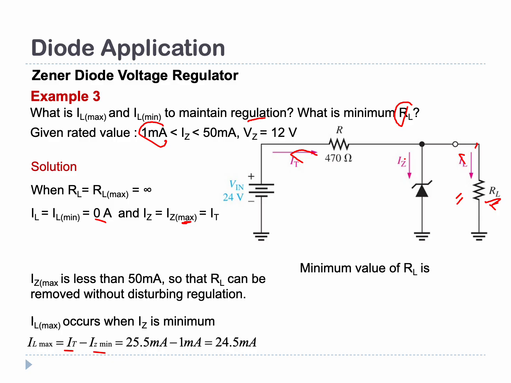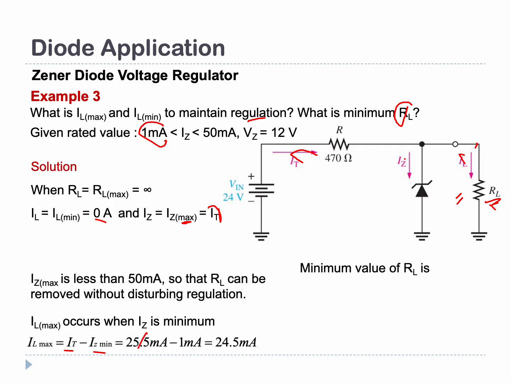The value of IT will be 24 minus 12, and then divided by 470.